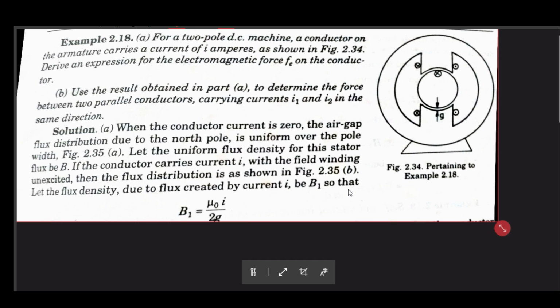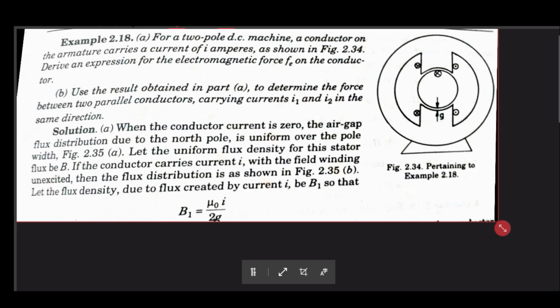This uniform flux density they have assumed as B1, and B1 is equal to mu 0 I by 2G, right? While they are considering that the conductor carries current I, it is I by 2G. Why 2G? Because you have to consider both paths, right?